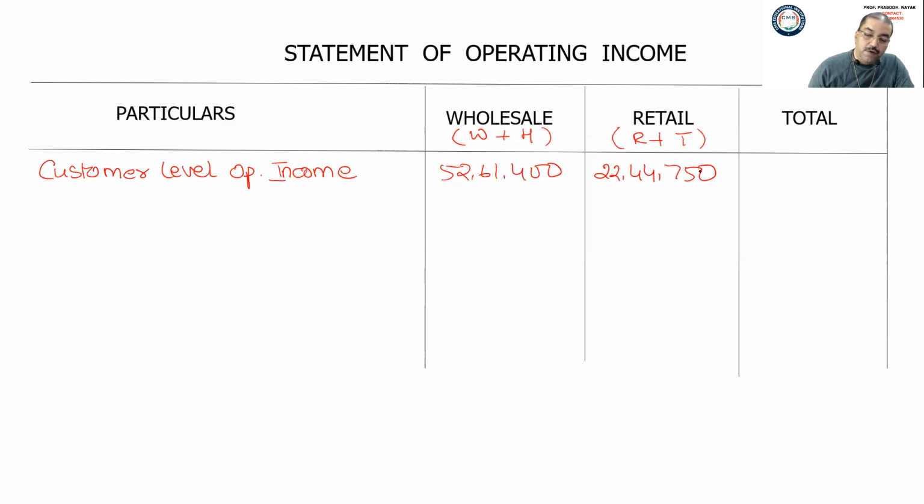Now take the total of these two figures in the total column. 75,06,150 minus distribution channel costs.